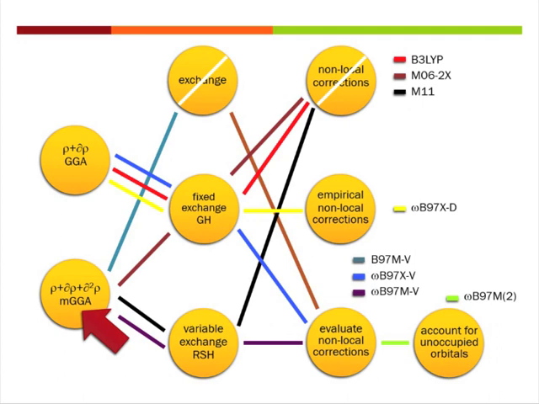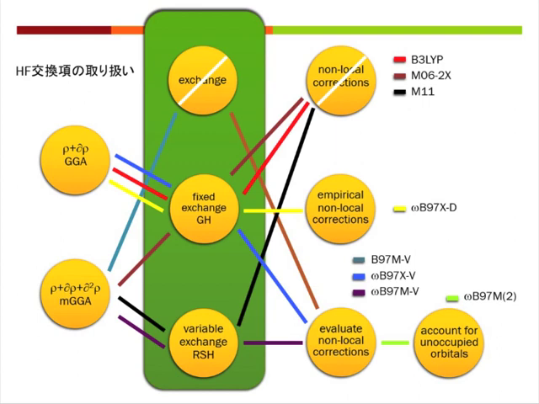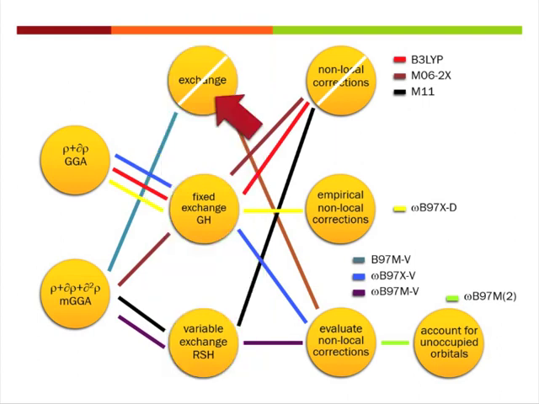It's usually couched as not the second derivative, but the first derivative of the kinetic energy. It's very similar. We then say, what do you do with regard to Hartree-Fock theory? We don't include it. This is called the Hartree-Fock exchange. We include it as a fixed amount, or we include it as a variable amount, fixed and variable relating to the electron density.